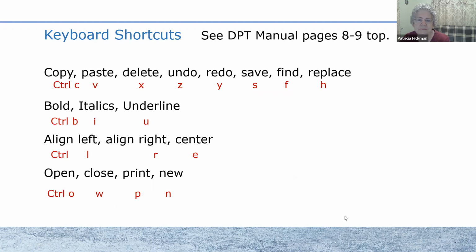So these are some sample keyboard shortcuts, and you have the PDF of this slideshow in your resources. And also here are pages for you to read in your own time. So we'll be going over these in a demonstration soon.